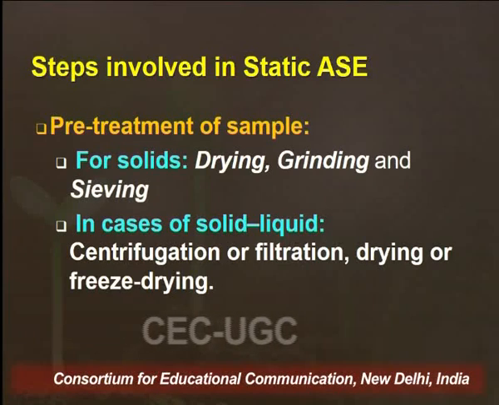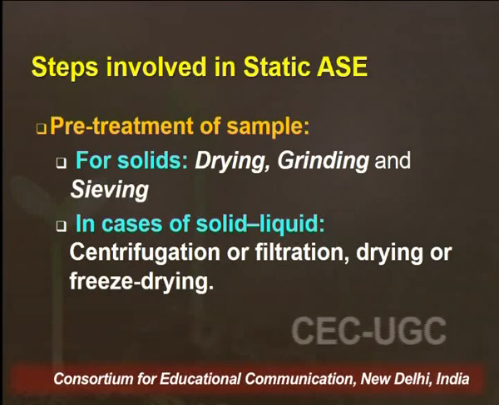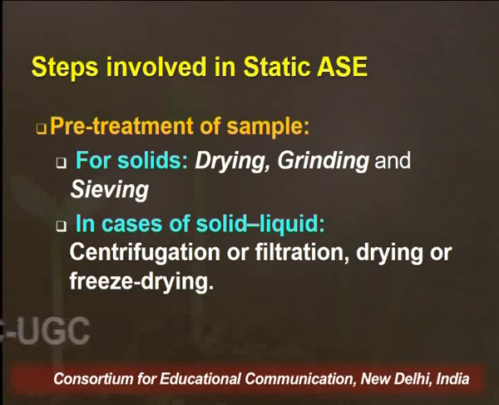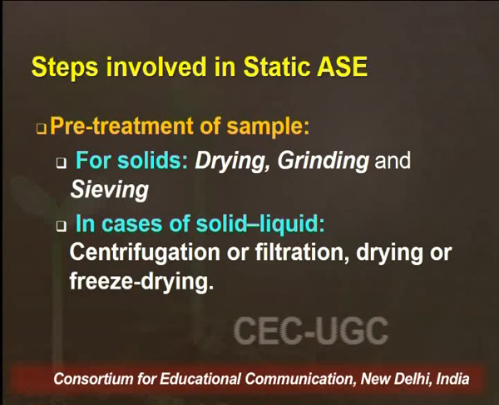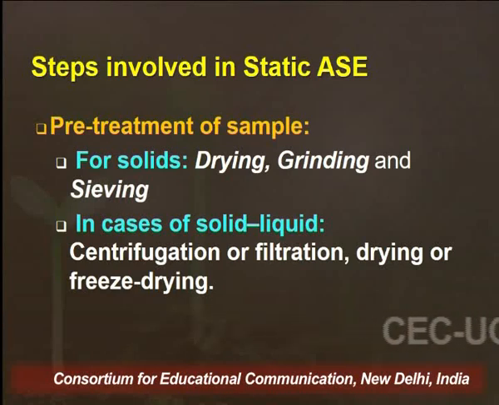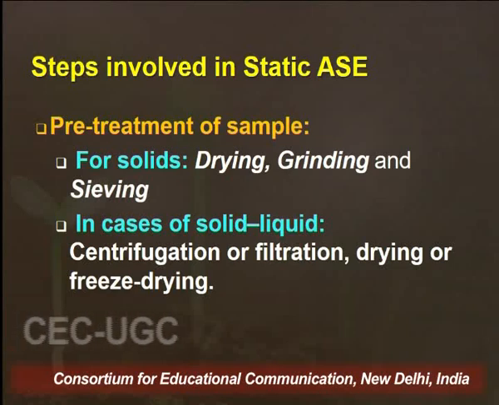First and foremost is the pre-treatment of the sample, or in simple words, preparation of the sample for the extraction process. So if you have a solid sample, obviously we have to dry the sample, we have to reduce the particle size of the sample, that is size reduction or the grinding process, and then we subject that ground sample to sieving.